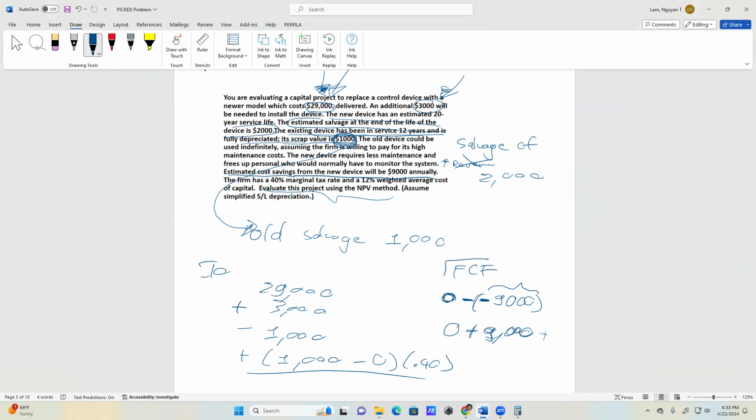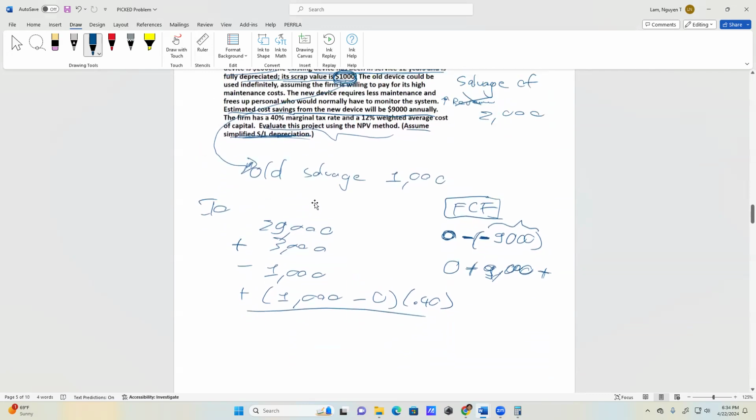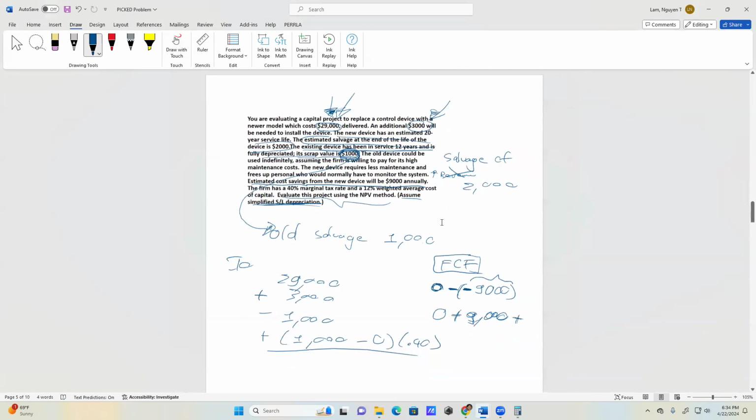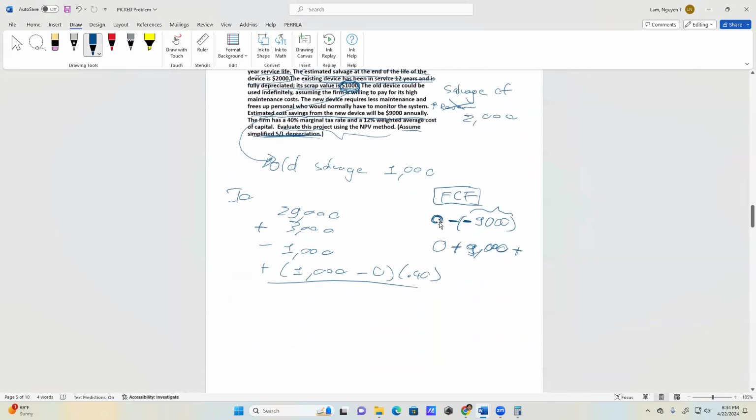All right. And reminder, when you find a free cash flow, you have to add the depreciation. Let's see right here, assume simplify, right? So you don't have to worry about the salvage of the new asset. On the test, last semester, most of the problems were simplified.